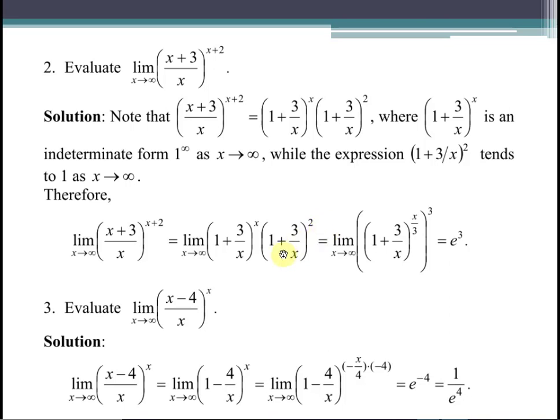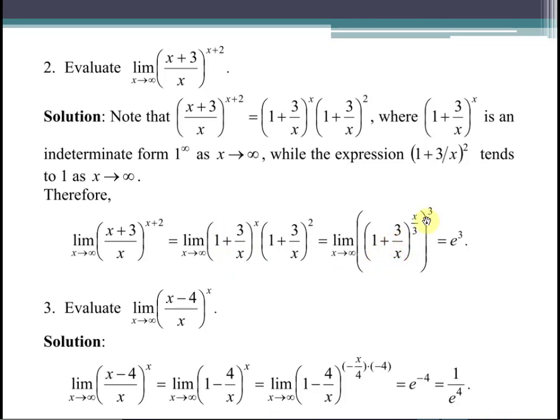In this case, if x tends to infinity, the second one tends to 1, because 3 over infinity is 0. 1 plus 0 is 1, and 1 squared is just 1 again. And now we have the first one also.